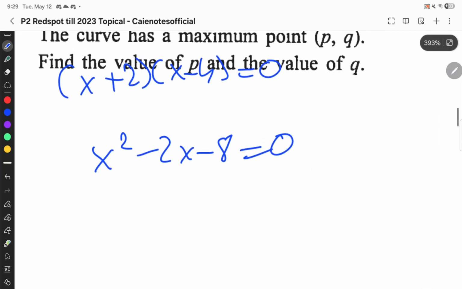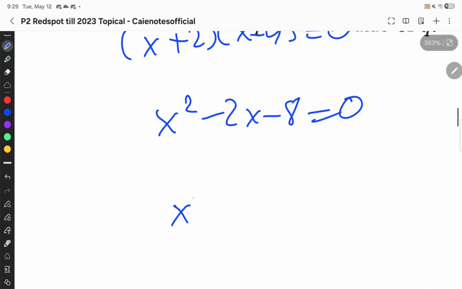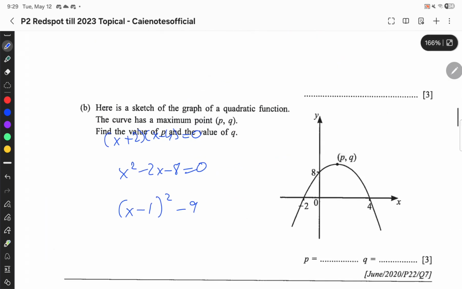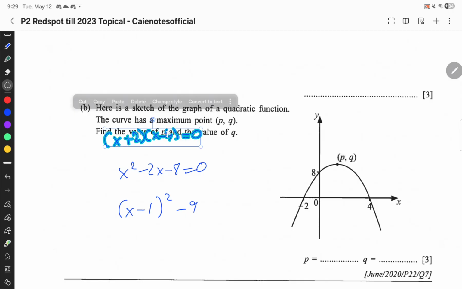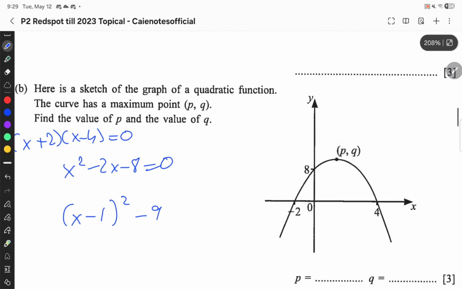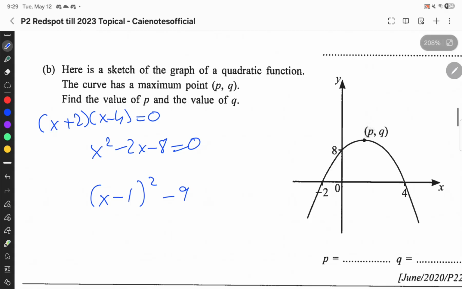If you complete the square, it will be x minus 1 squared minus 9. So here we have x minus 1 squared minus 9.